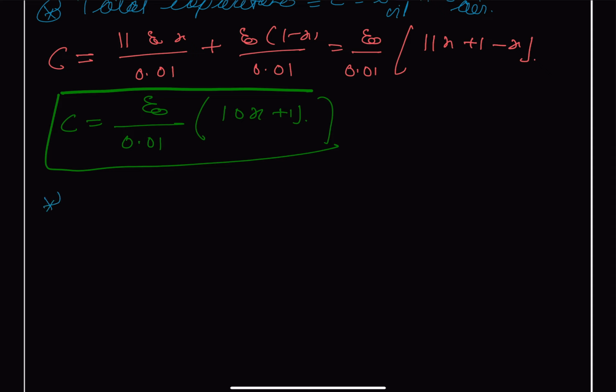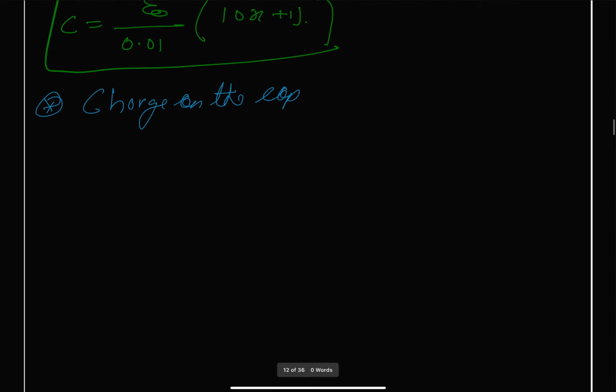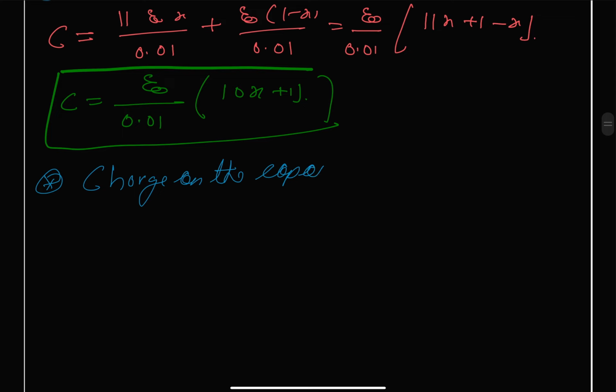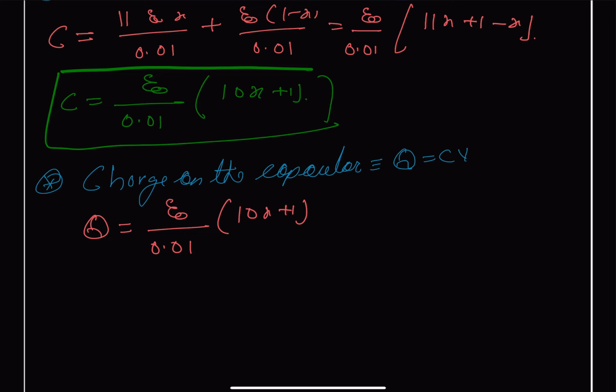So we can say that the charge on the capacitor, if given as Q, will be equal to C multiplied by V. C we already know, so we can write our Q will be equal to epsilon naught 0.01 over 10x plus 1, and the supply EMF is given to us as 500.